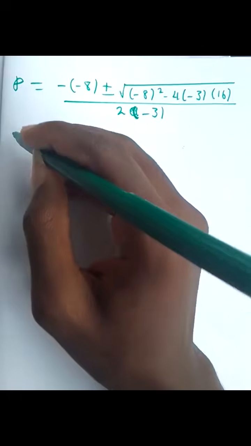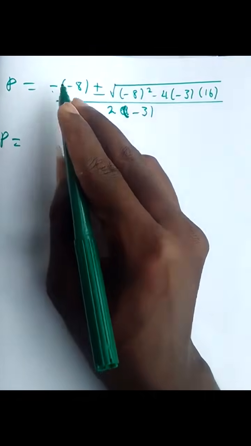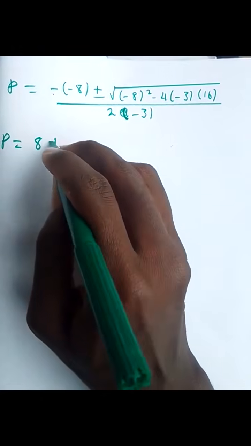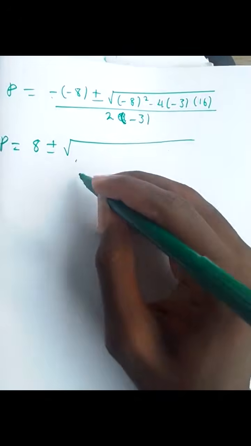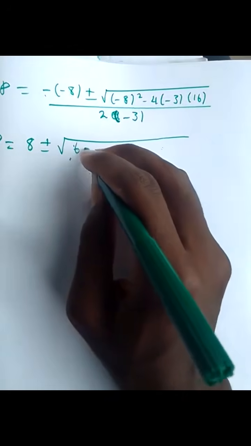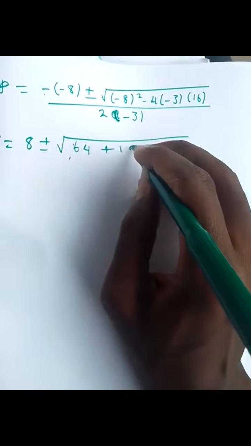Right. So p is equal to, this time this is going to be 8 plus or minus, negative 8 power 2, that will be 64. This times this times this, it's going to give you plus 192.